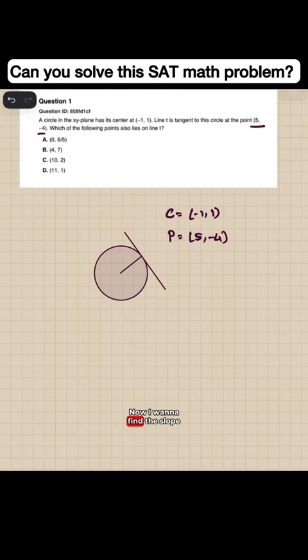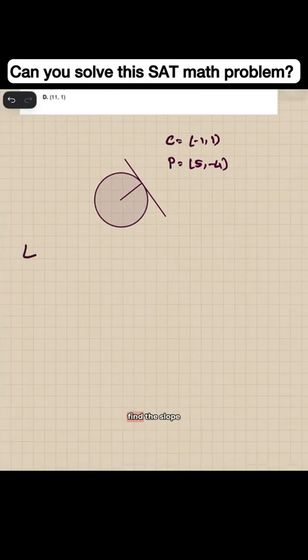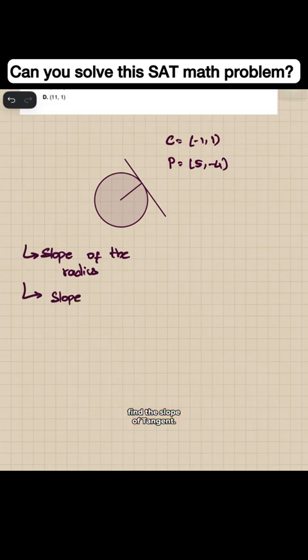Now I want to find the slope of the radius. Before solving this problem, I'm going to give you the steps, and then I'm going to solve it, so that you can visualize how to solve these kinds of problems. The first step is I will find the slope of the radius, and then my next step would be to find the slope of the tangent from the radius.